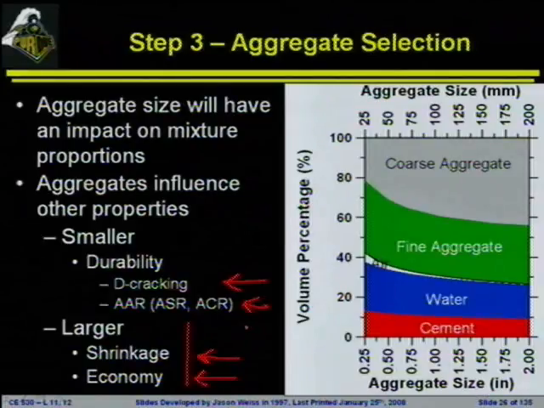Now later on at the end of the semester, I'm going to contradict this and tell you that the size of the aggregate makes no difference on the shrinkage. And I am going to try to cut this problem off at the beginning of class, and I'm going to tell you why there is a discrepancy in our notes. The larger aggregate is going to reduce shrinkage because it will lead to less paste in the system.